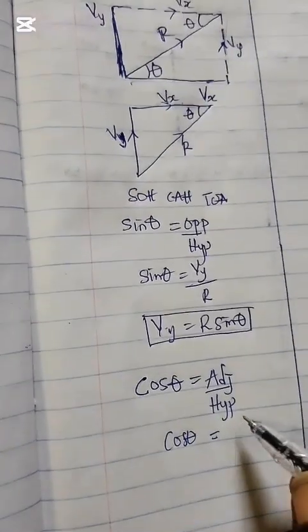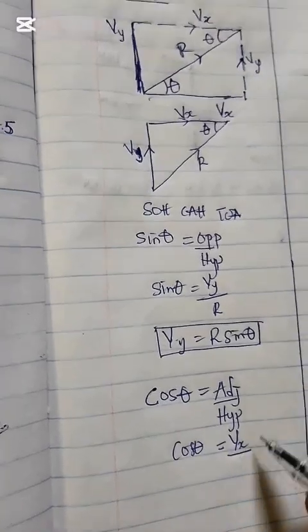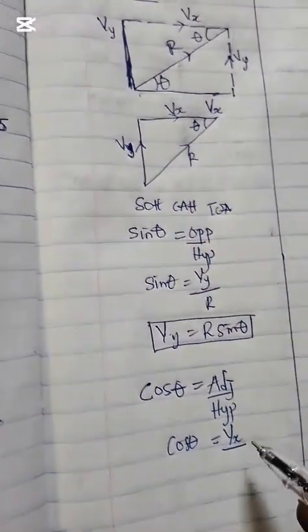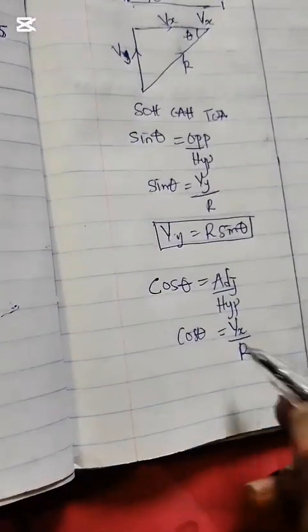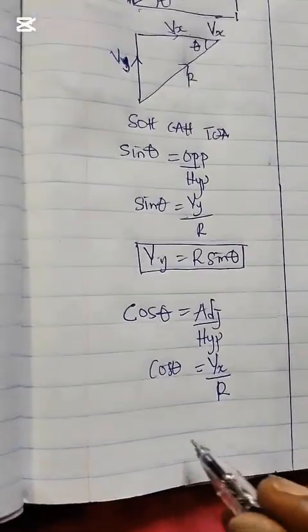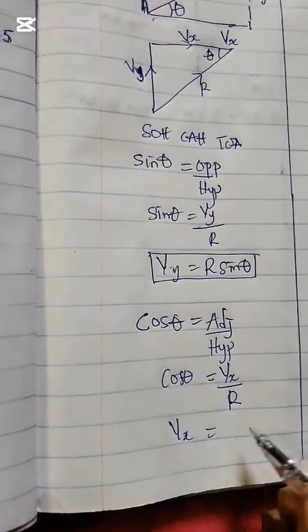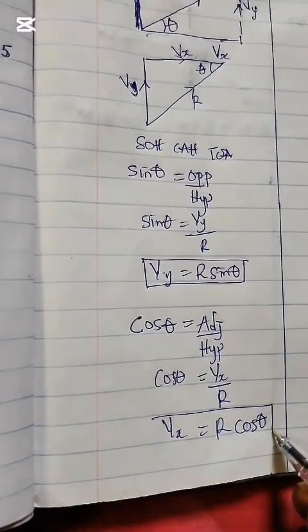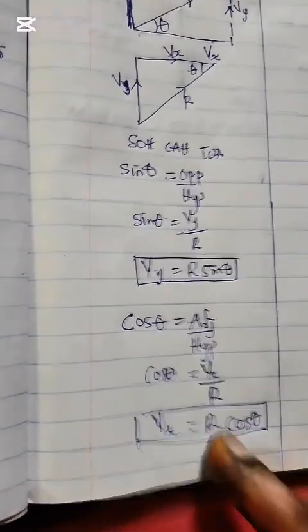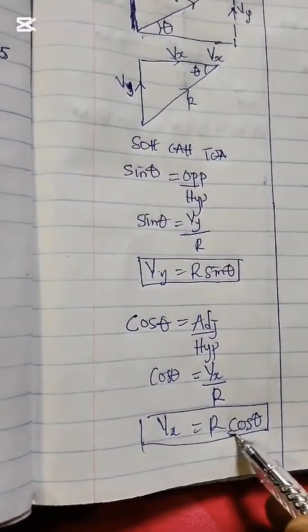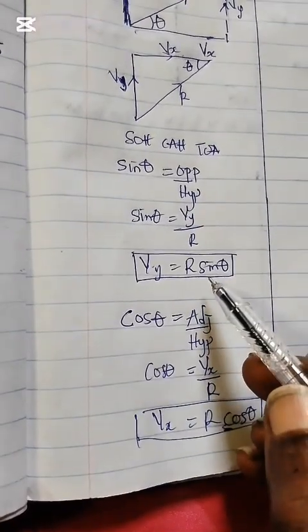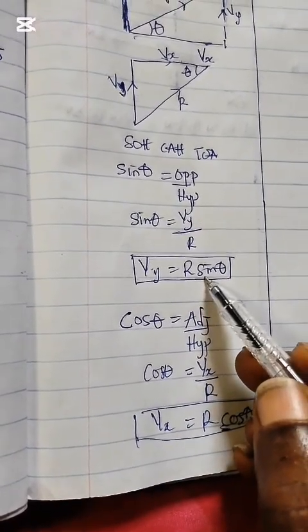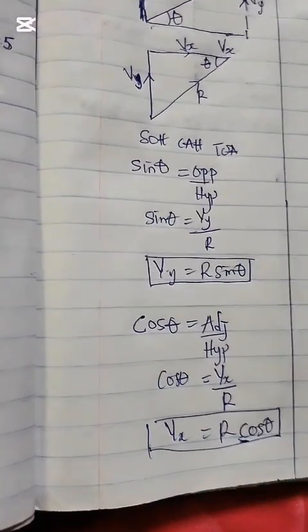It is Vx divided by the hypotenuse, still the resultant. So that Vx will be equal to r cos theta. So if you want to resolve a vector into horizontal component, use cos theta. And if you want to resolve a vector into vertical component, use sine. That is simply how to do that.